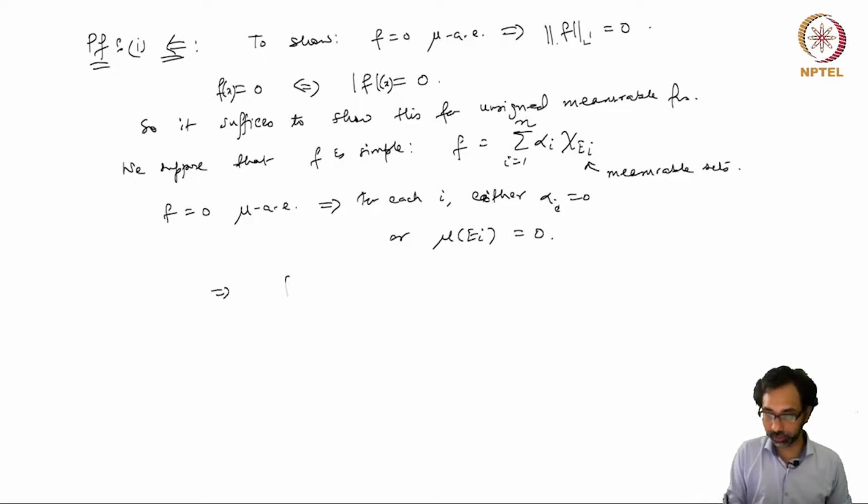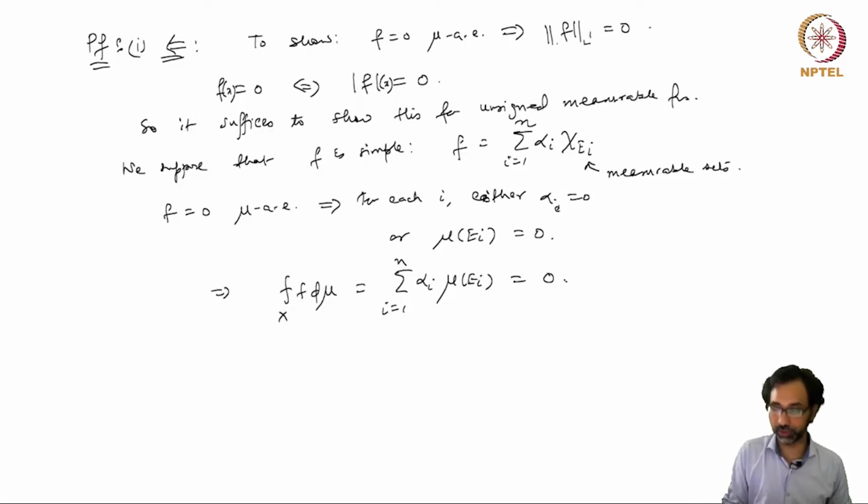So this implies that the simple integral of f, which is the same as the Lebesgue integral of f, is equal to the sum of alpha i mu of Ei, and this is going to be 0. So it holds for the case when f is simple.